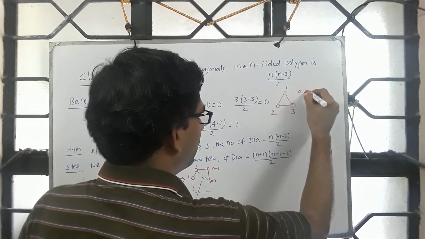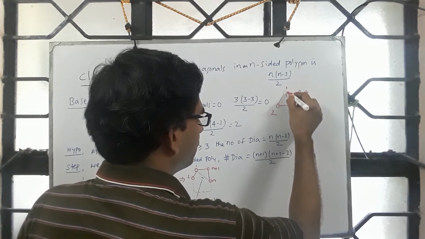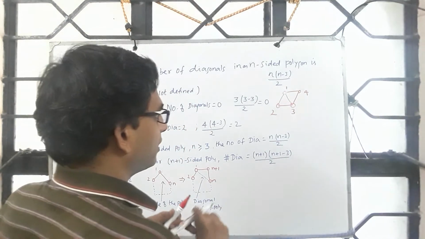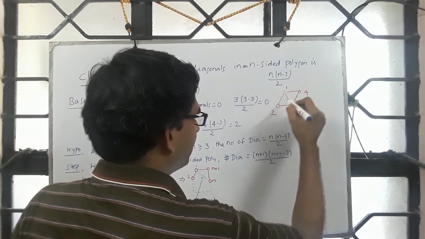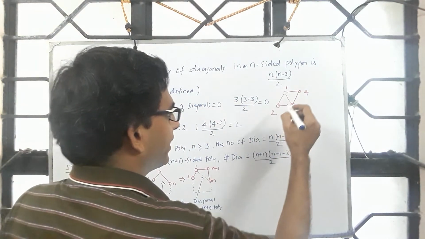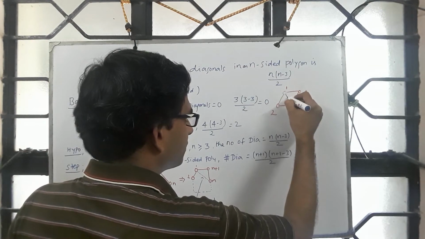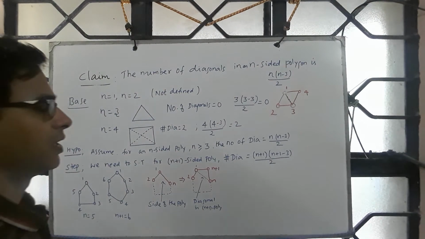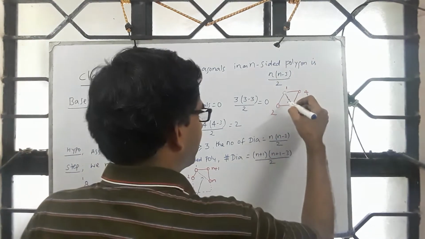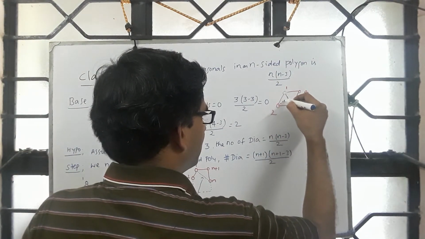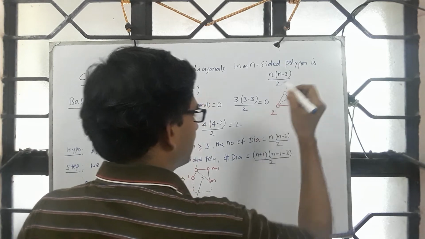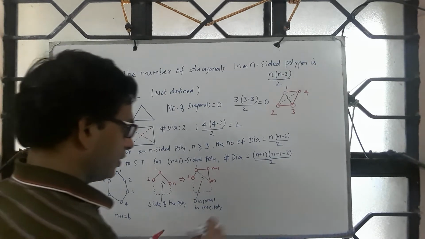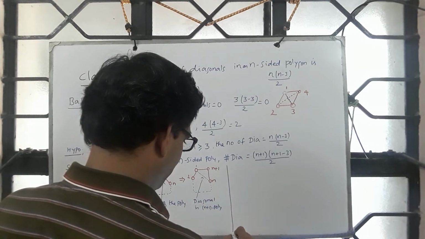I am adding 4, and 4 is adjacent to 1 and 3. Now what will happen? This 1, 3 was an edge. Now this becomes a diagonal, correct? And you may get some other diagonals. Other diagonals may be contributed by this. Okay, listen carefully.